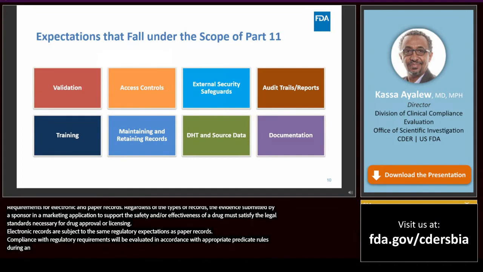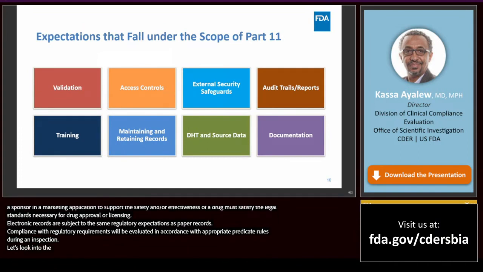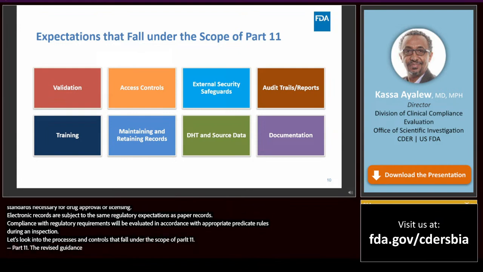Let's look into the procedures and controls that fall under the scope of Part 11. The revised draft guidance is important to help ensure that the clinical trials are conducted consistent with the regulatory requirements and expectations.